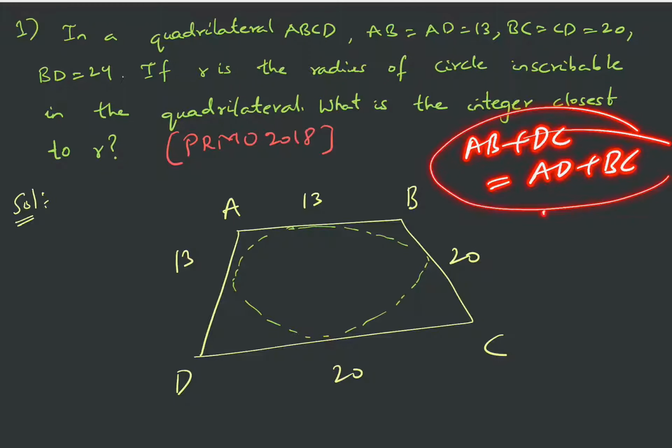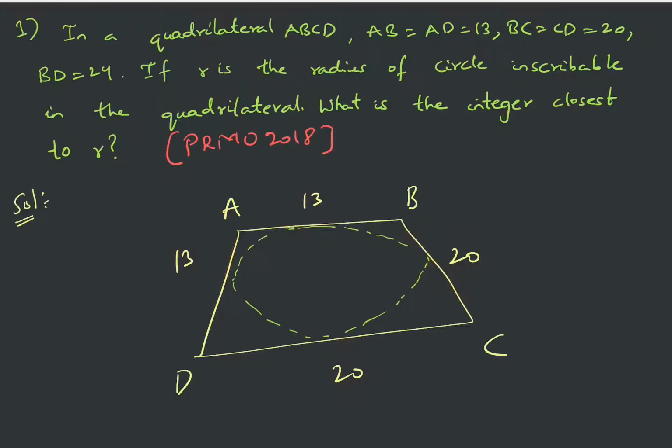You can verify here that 13 plus 20 is equal to 20 plus 13. So this is indeed a tangential quadrilateral, so there will definitely exist a circle which touches all the four sides. So you need to find the radius of that circle.